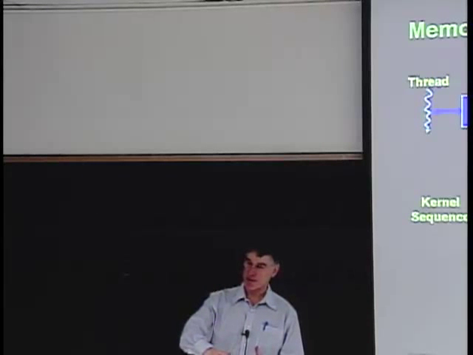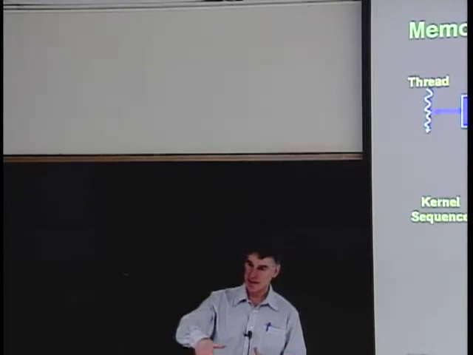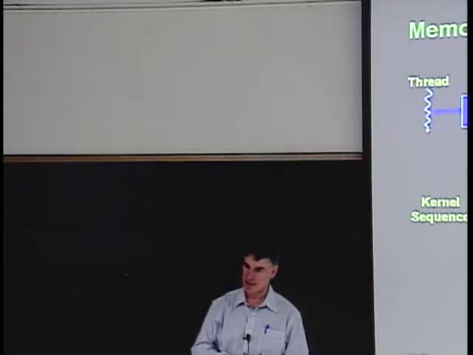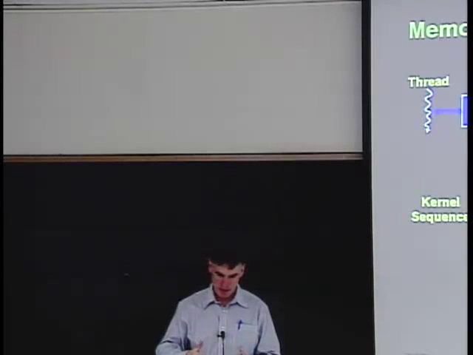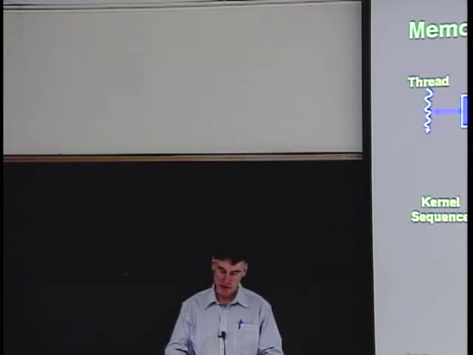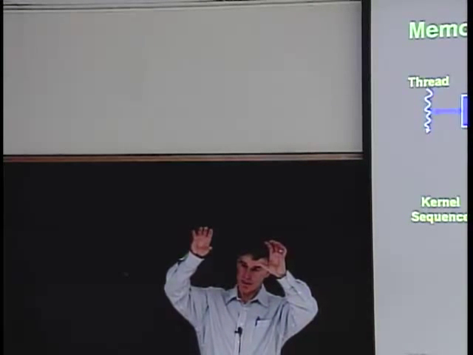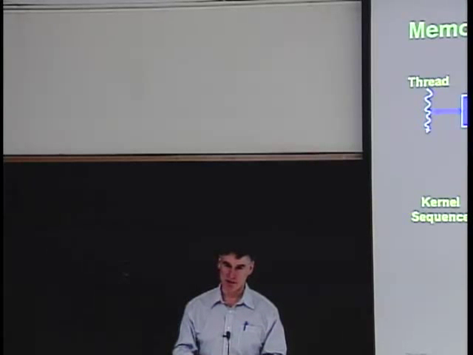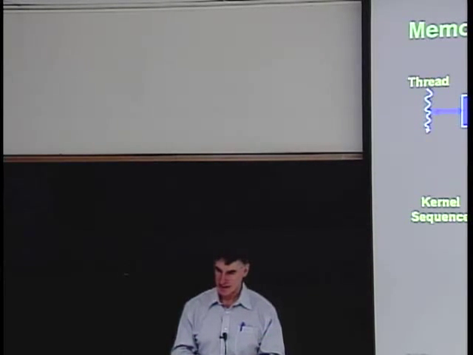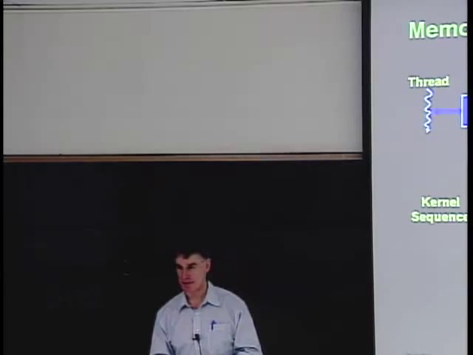Then the caches got slower, and the load-to-use delays got longer. So they said, I'm going to hoist that load up earlier in my program and start the load earlier, and it doesn't matter that it takes more cycles because I can have, say, 2 loads in flight or 3 or 4.